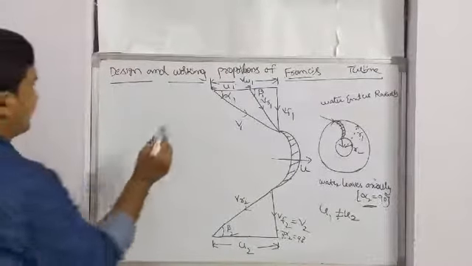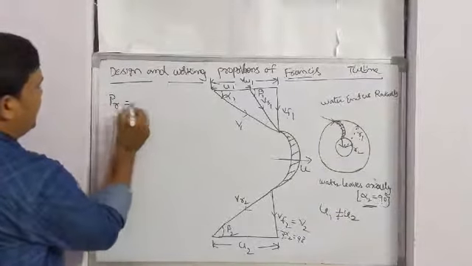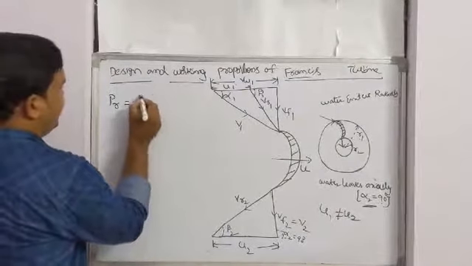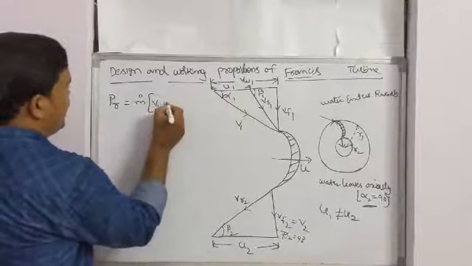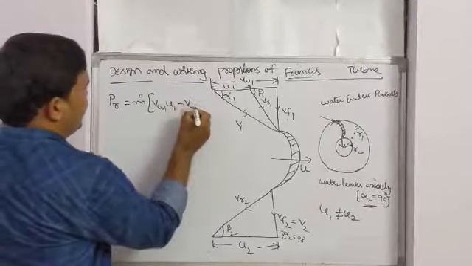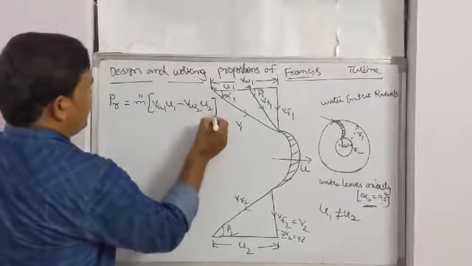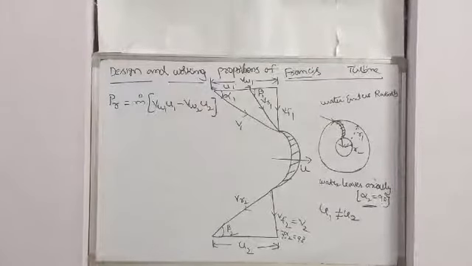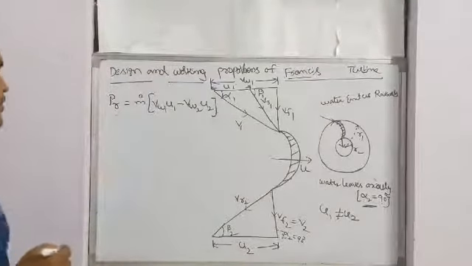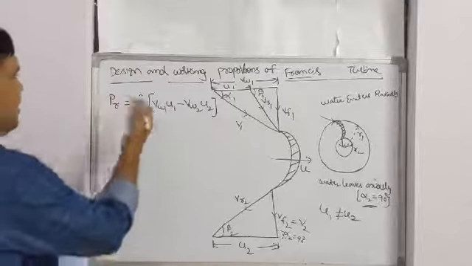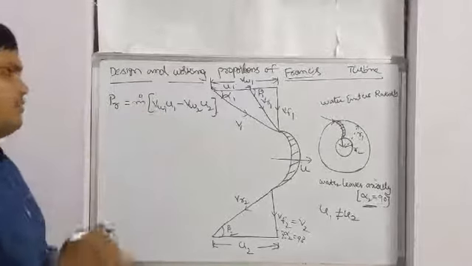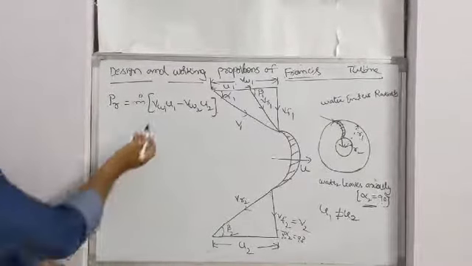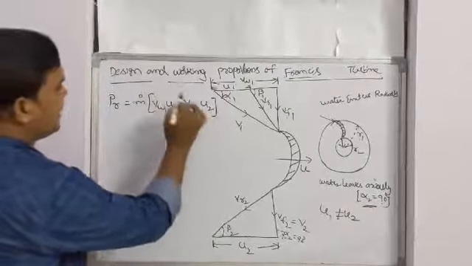So the generalized runner power equation is m dot into (VW1 U1 minus VW2 U2). This is the generalized runner power equation of any hydraulic machine, turbine as well as pump. If it is a pump, it is VW2 U2 minus VW1 U1.